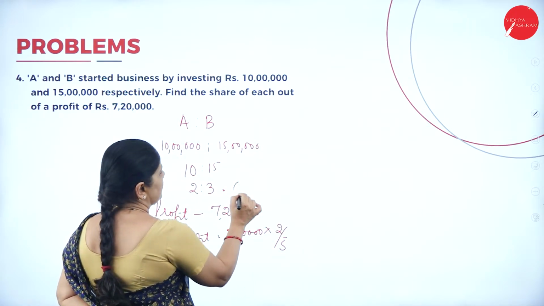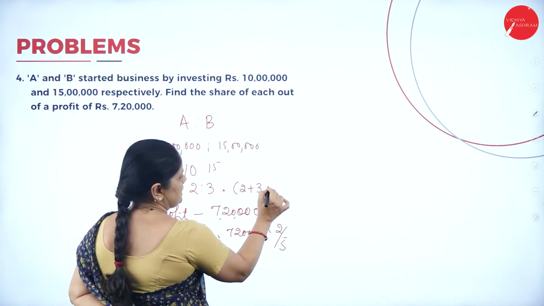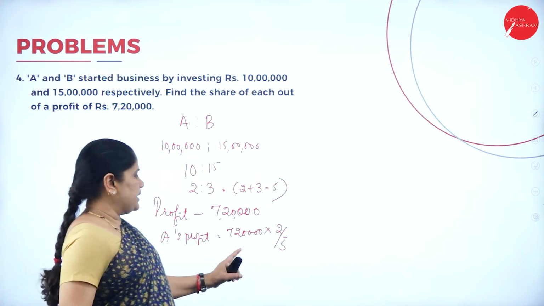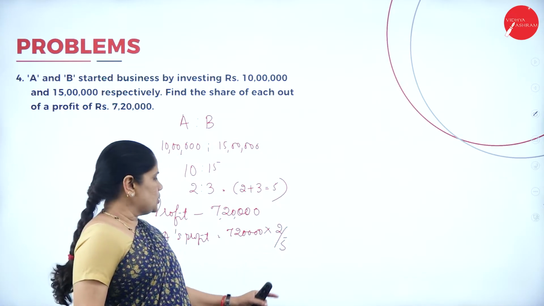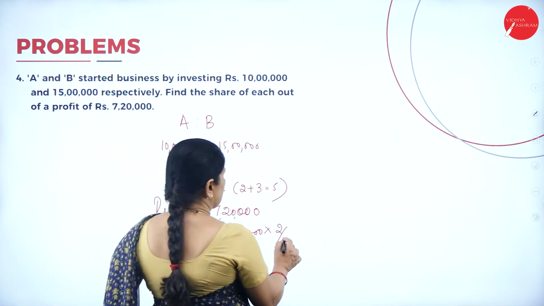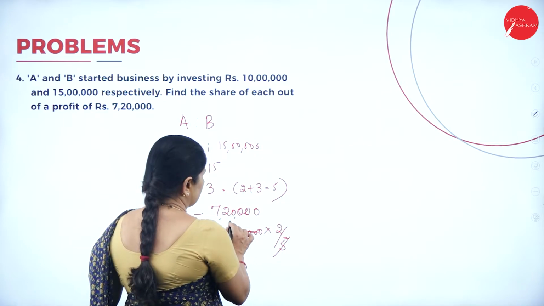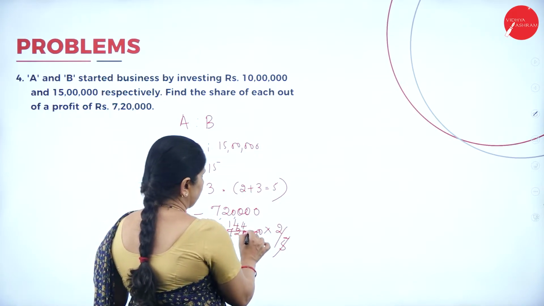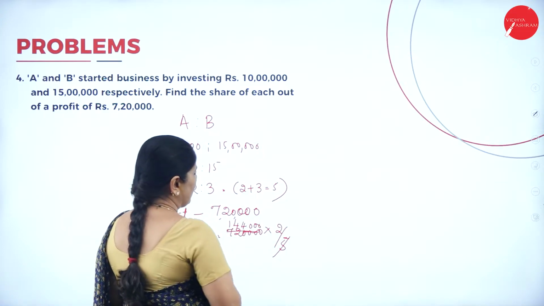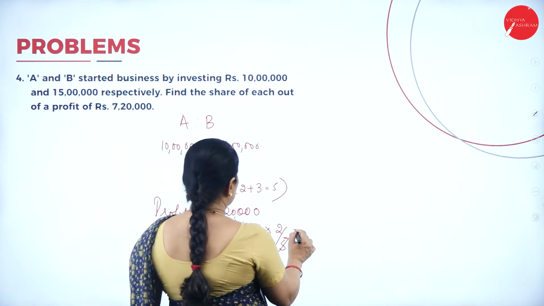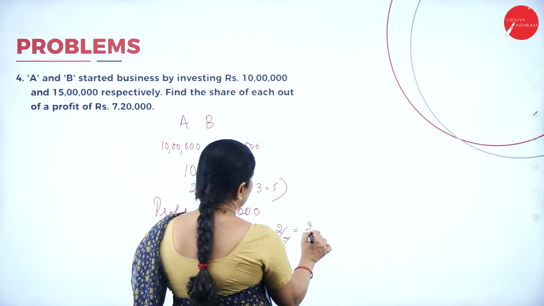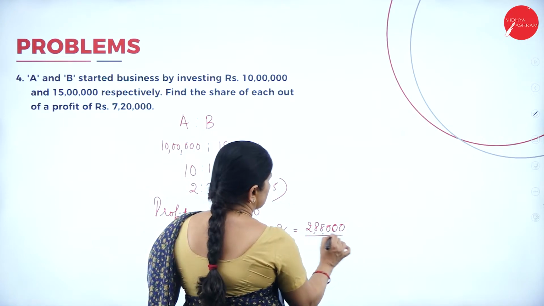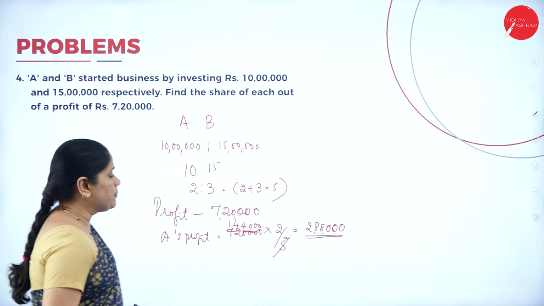The sum of the ratio will be 2 plus 3, that is equal to 5. So this comes up to 1,44,000 into 2, that comes up to 2,88,000. So this is the share of A's profit.